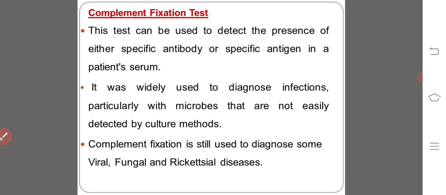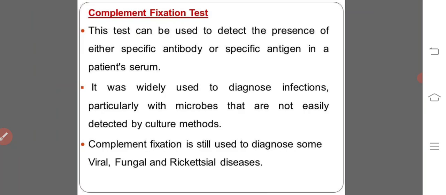The terminal components of the complement cascade, C7, 8, 9, that is the membrane attack complex, can damage cell membrane in the presence of specific antibody which fixes complement to the cell surface. In the complement fixation test, erythrocytes are used as the target cell because complement induced leakiness of the membrane can be visualized or measured colorimetrically as an increase in free hemoglobin.